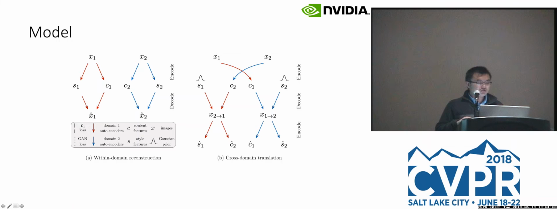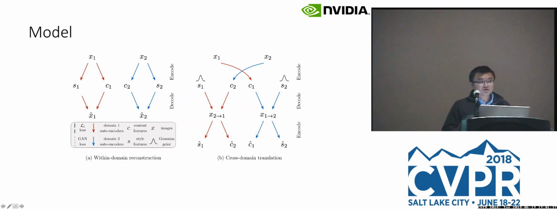We call this the within-domain reconstruction stream. During training, we also have the cross-domain translation stream. For input X1, we extract the content code and randomly sample some style code from the style domain 2, and get X1 to 2, the translation from domain 1 to 2. We do the same thing for X2 to get X2 to 1.